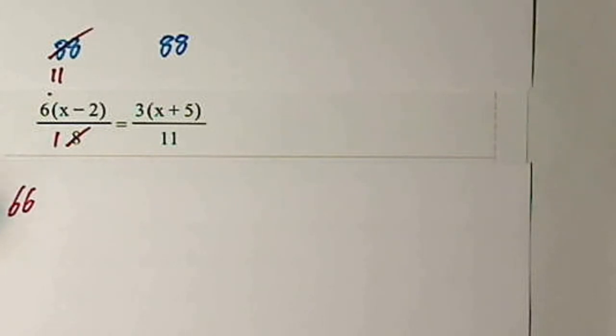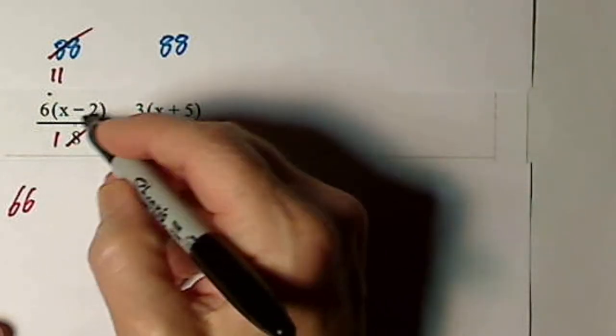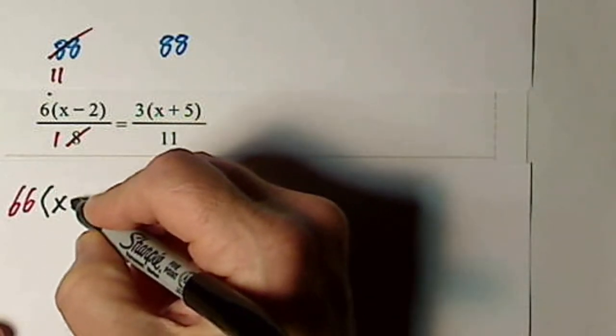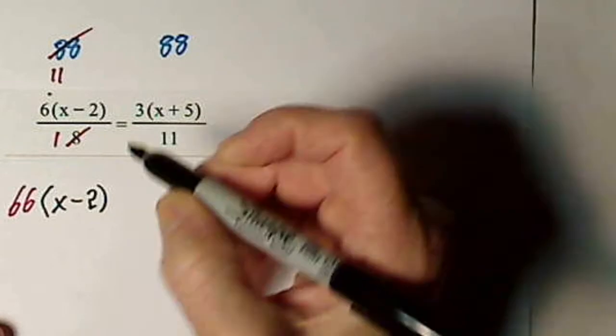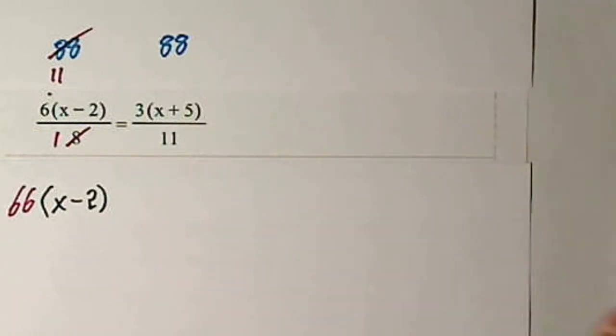And then all I need is my black pen. This parentheses with the difference of x and 2 just drops down. Okay. Things inside the parentheses are protected in a sense.